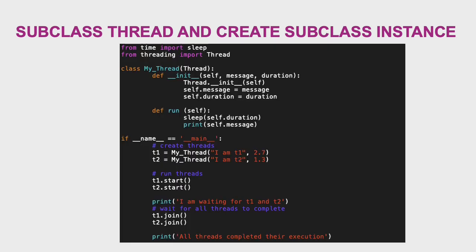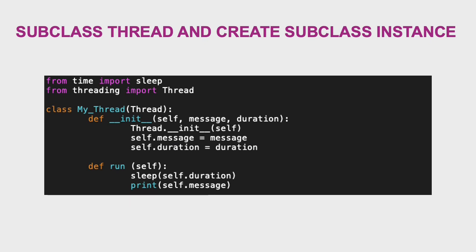Well, this is a simple code example that is meant to show you how you can implement a thread by subclassing the thread class. We will see this code in detail and we will analyze the different parts of this code, so don't worry.